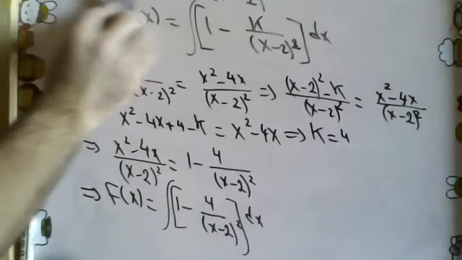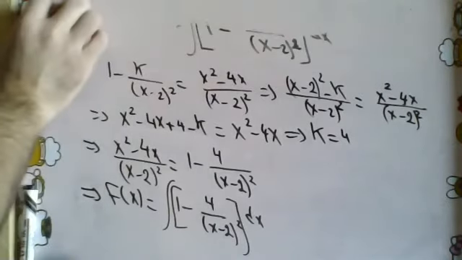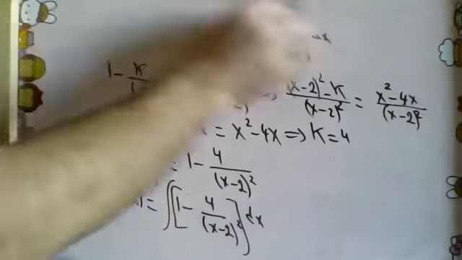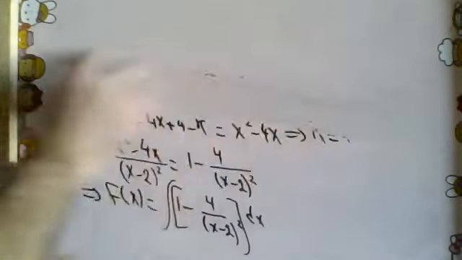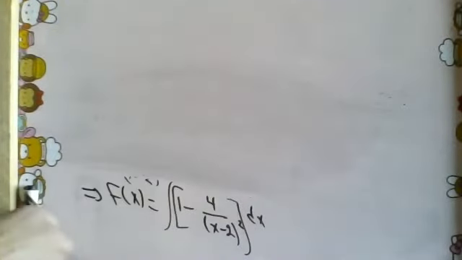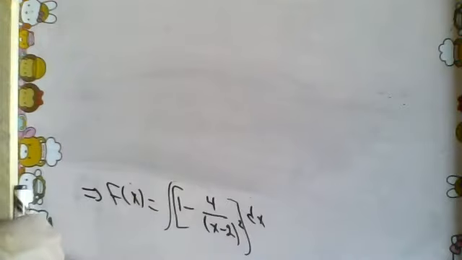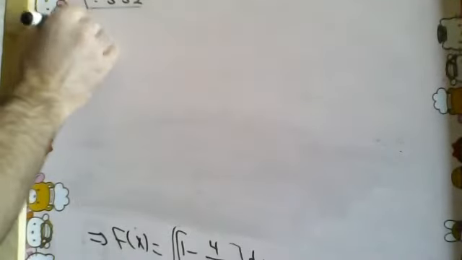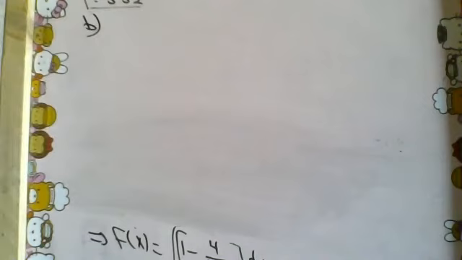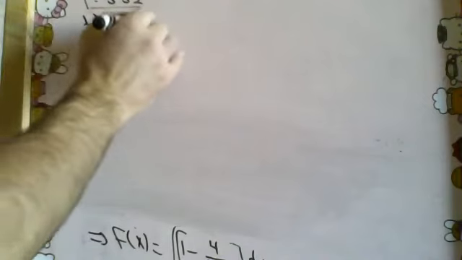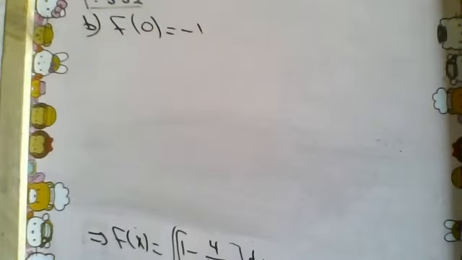Part b: reduce the function f, and moreover you are given f of 0 is equal to negative 1.